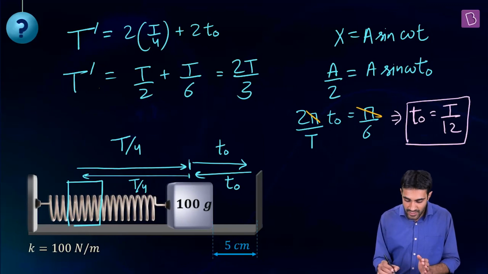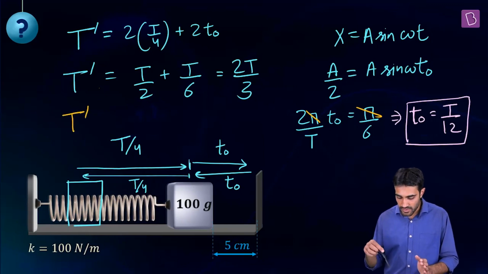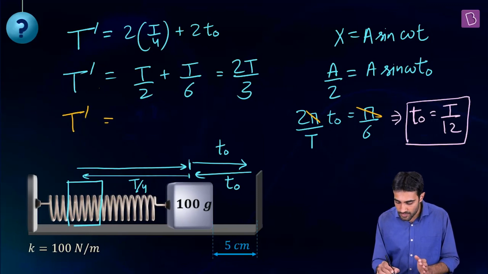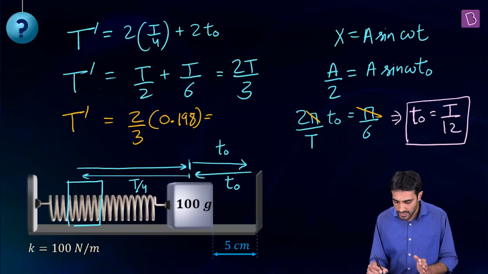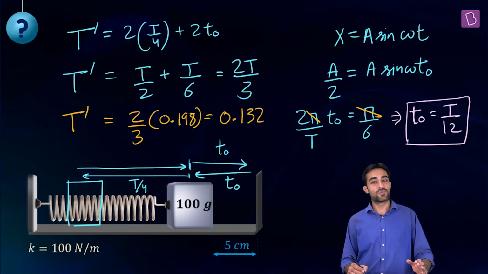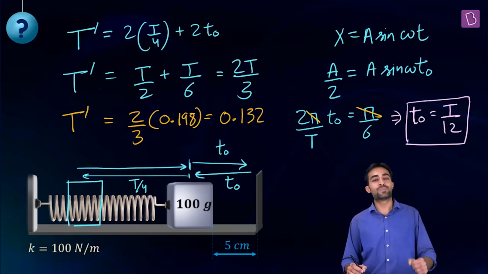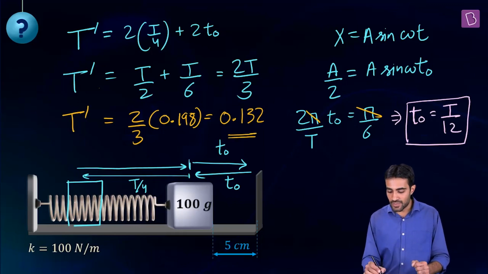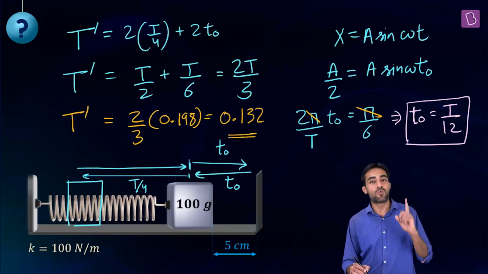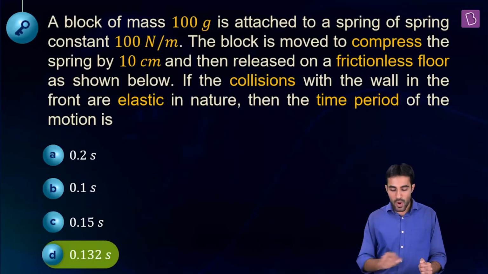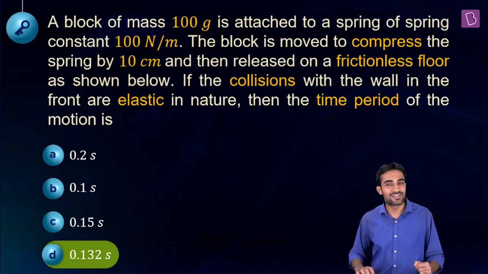T dash comes out to be 2 by 3 times 0.198, which is about 0.132 seconds. So we have calculated the time period. When there is a wall, the time period is 0.132. Now let's go and mark option D as the right answer for this great question.